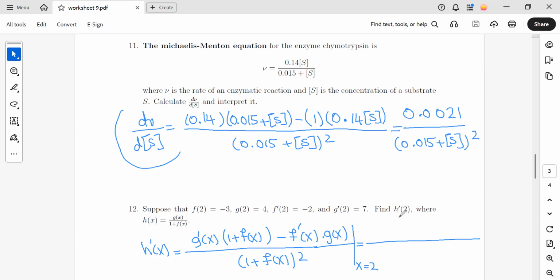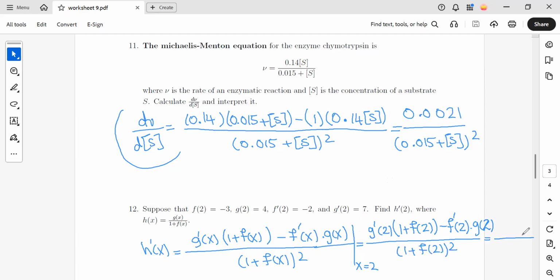We have different amounts here. We would replace them here. So g prime of 2 times 1 plus f of 2 minus f prime of 2 multiplied by g of 2 all over 1 plus f of 2 squared.